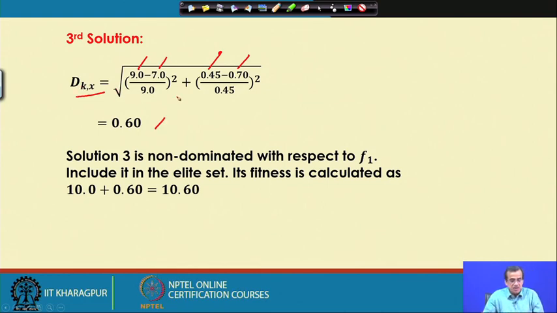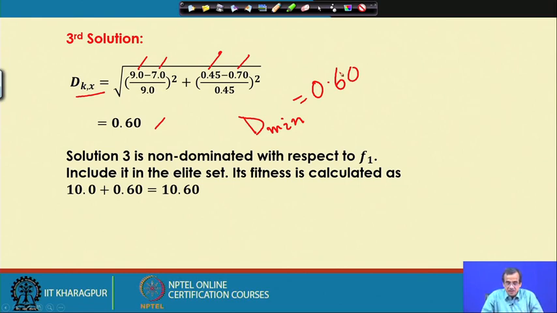So, that is coming to be 0.60. So, this is nothing but the D minimum. So, the D minimum we can declare is equal to 0.60.